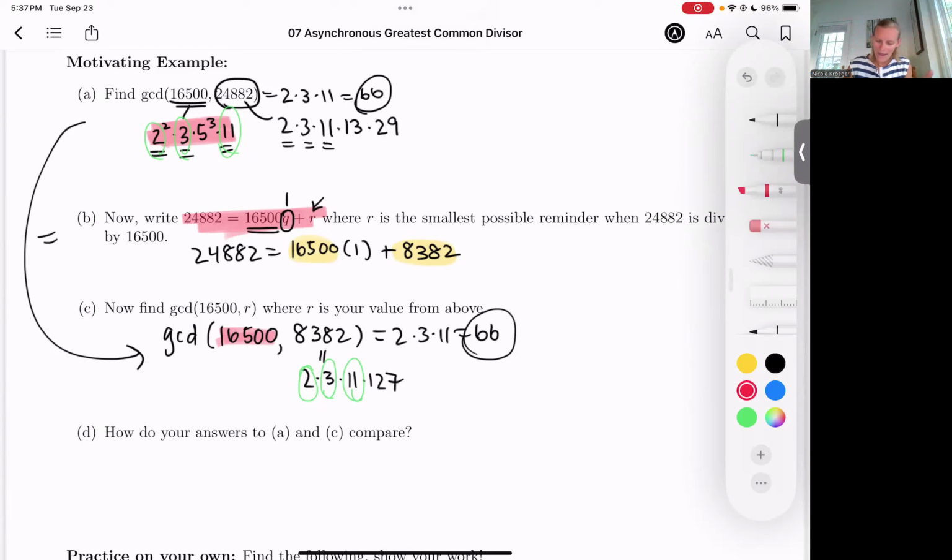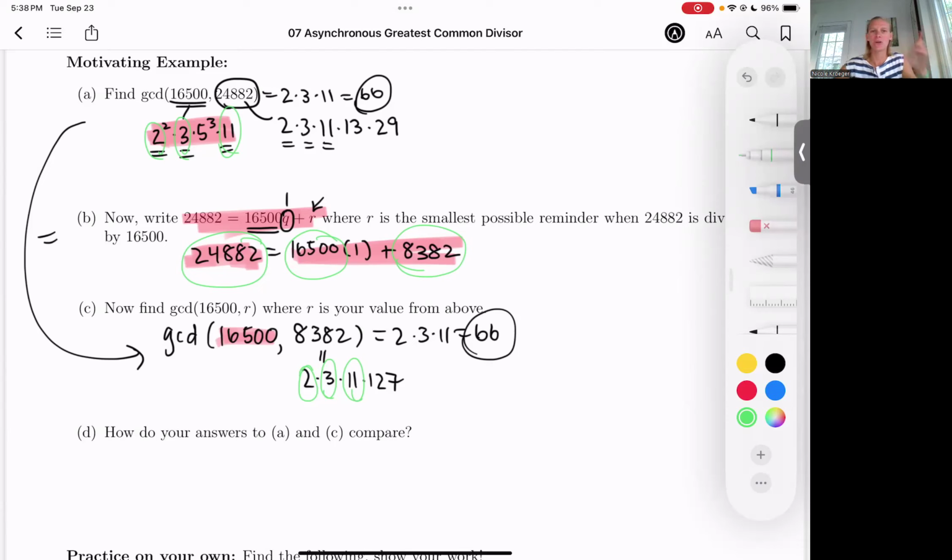The reason this is true is that when we look at both sides of this equation, the biggest number that divides all three of these numbers is the same. And that's really because of this equation: to make it equal, we have to have something that divides all of these numbers in the same way. Otherwise, these two sides of the equation wouldn't be equal. So that's essentially where that's coming from.